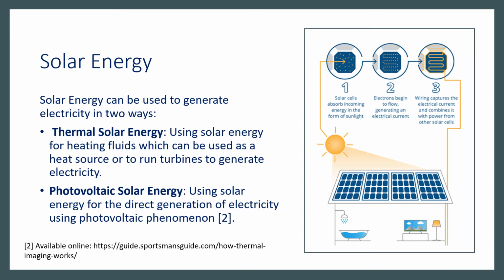In the figure given, the sun reflects energy to the solar panel. The solar panel or the solar cell absorbs incoming energy from the sun, and the electrons begin to flow and generate electrical current. The wiring connection to the household or the application captures the electrical current and combines it with power from other solar cells.